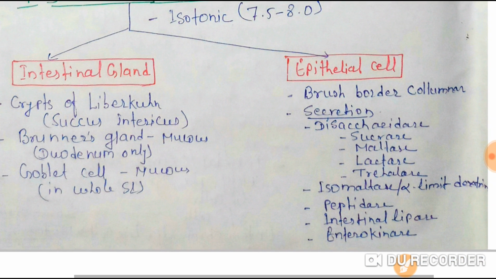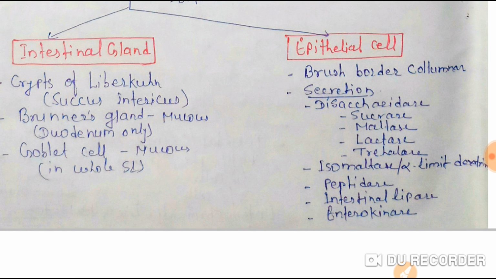The epithelial cells are brush border columnar, and the secretion of the epithelial cells of the small intestine includes disaccharidases: sucrase, maltase, lactase, trehalase, and isomaltase, also alpha limit dextrinase, peptidase, intestinal lipase, and enterokinase.